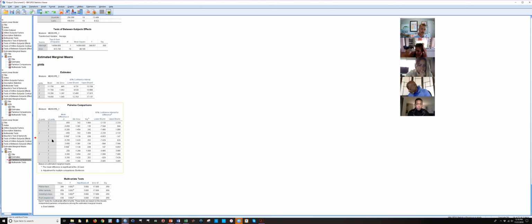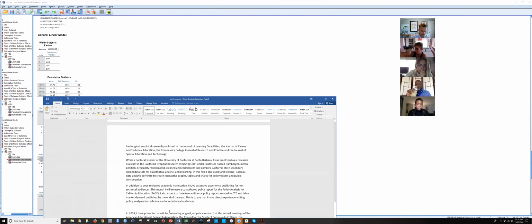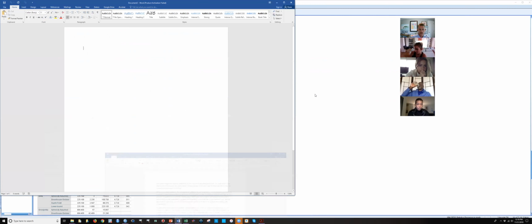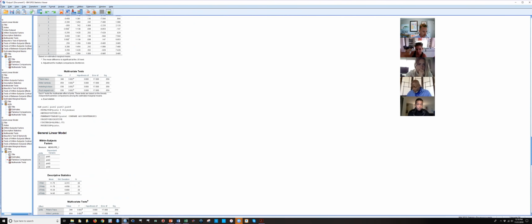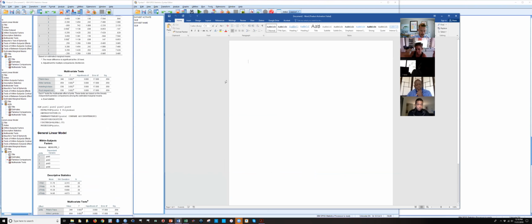Task 4, chapter 15. What we would put then is the syntax, then which charts, then the pairwise comparisons, and then we did the Mauchly's test of sphericity. If this was my homework, if I was doing this for the class, I would obviously have the syntax in there.